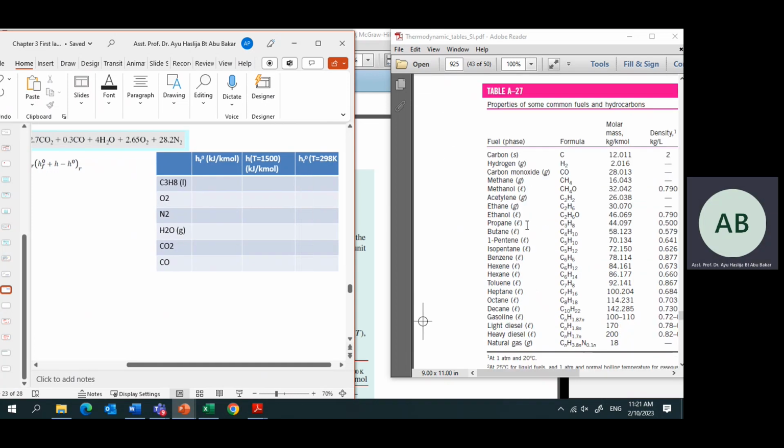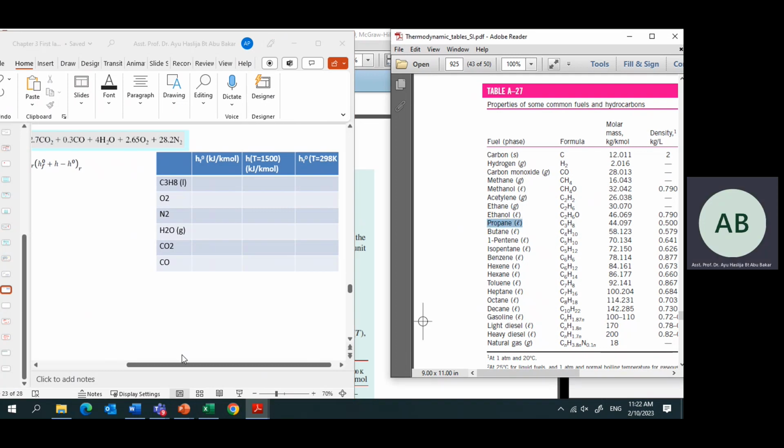In the heat of formation table A27, propane liquid is given.